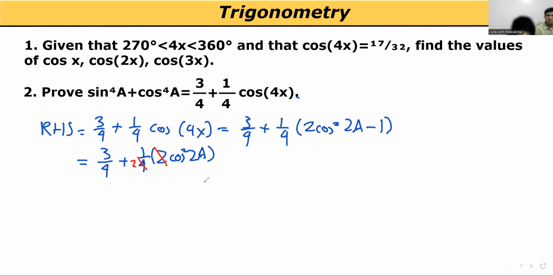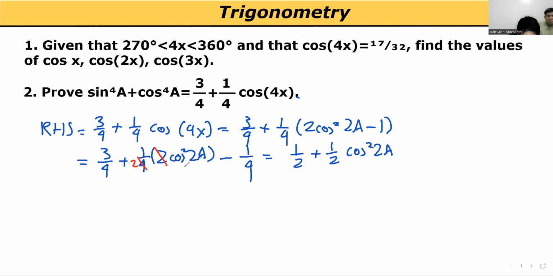Wait, I meant minus. 3/4 minus 1/4 is equal to 2/4, which is 1/2. So it is 1/2 plus 1/2 cos squared 2a.